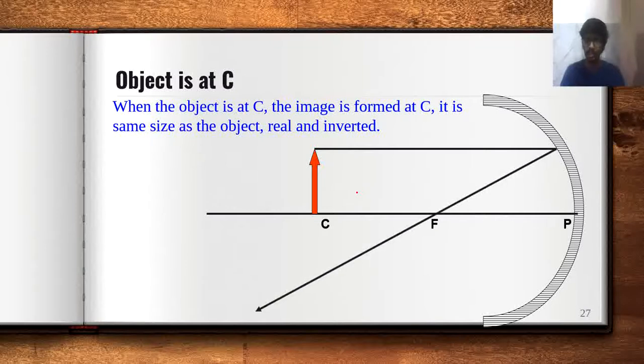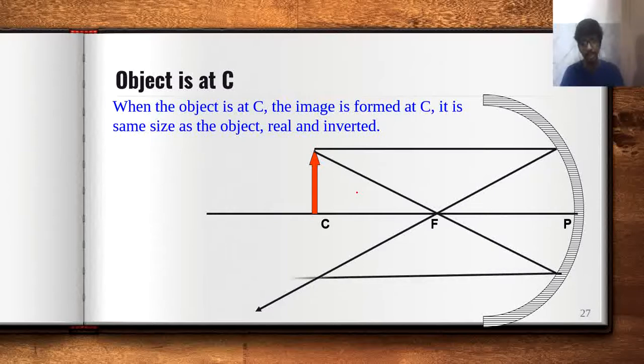And what is the next point after the object? That is the focus. So another line will pass through the focus, and as discussed in lecture 2, the reflected ray will be parallel to the principal axis.